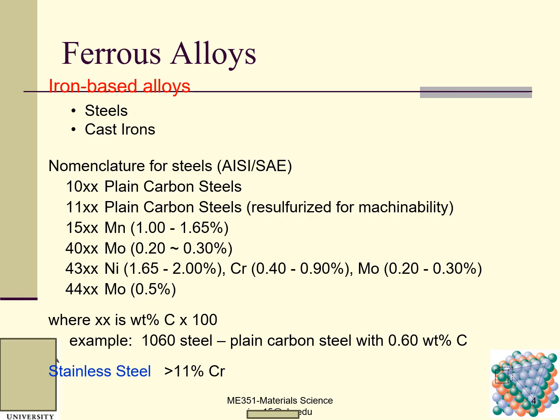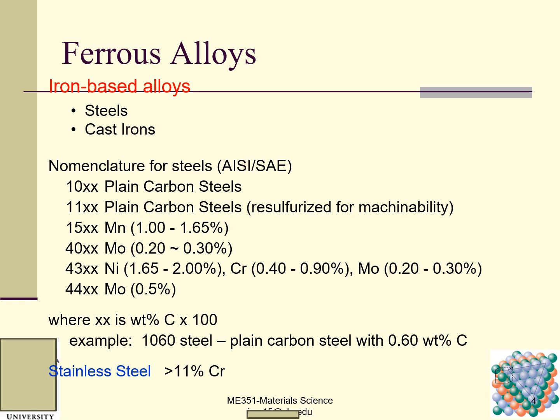So for the nomenclature for steels, we have AISI and SAE, Society of Automotive Engineering. You need to know what the last two digits stand for. They stand for the weight percentage of carbon if you multiply by 100.